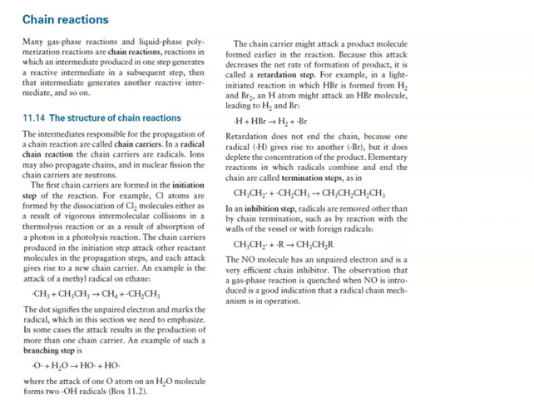The first chain carriers are formed in the initiation step of the reaction. For example, chlorine atoms are formed by the dissociation of chlorine gas molecules, either as a result of vigorous intermolecular collision in a thermolysis reaction or as a result of absorption of a photon in a photolysis reaction. The chain carriers produced in the initiation step attack other reactant molecules in the propagation steps, and each attack gives rise to a new chain carrier.